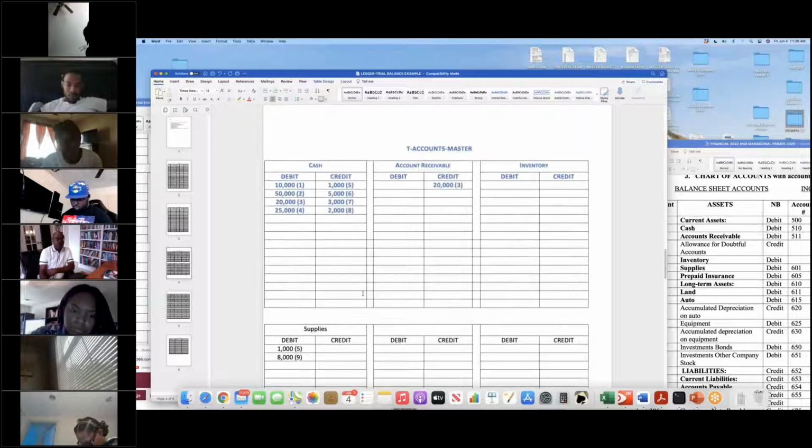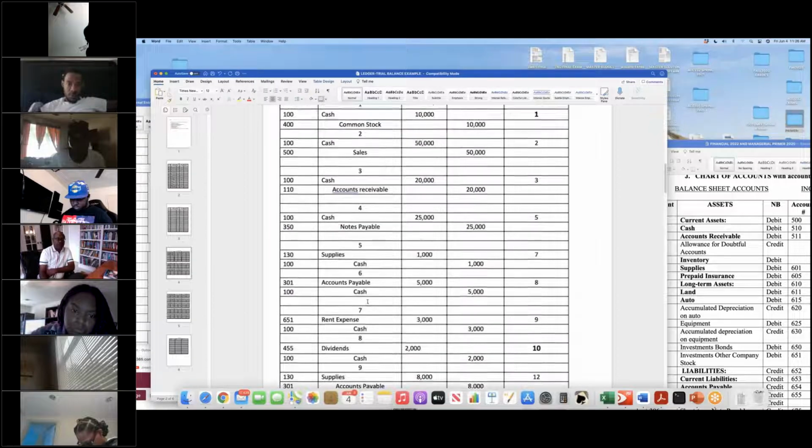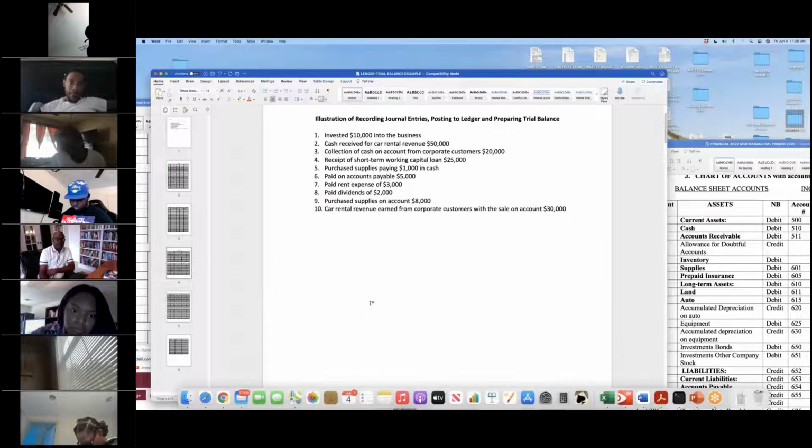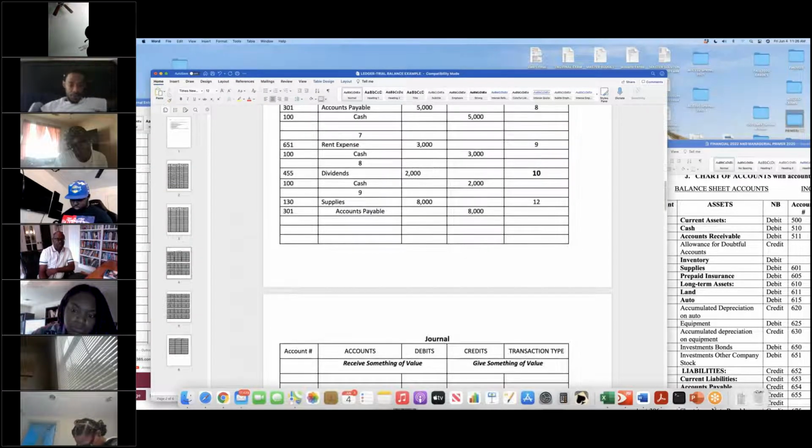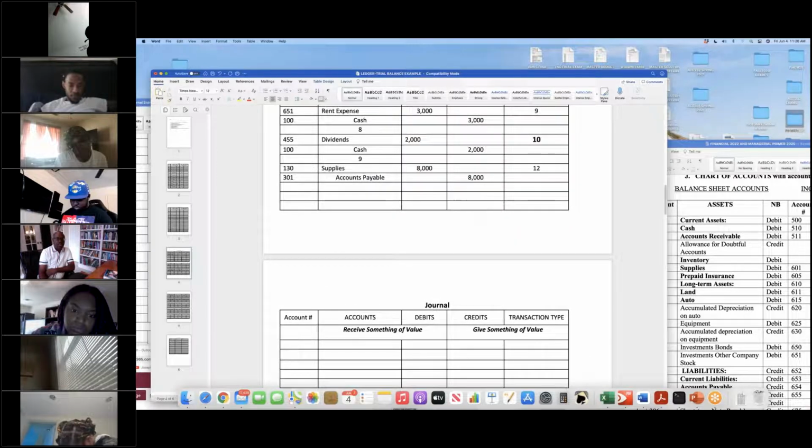And we got one more. Which one is that? 10. And that's what? Type 15. Corporate revenue, $30,000. So we're on our last transaction.